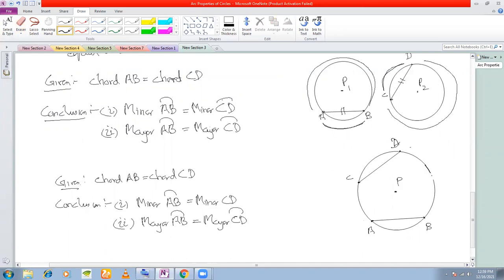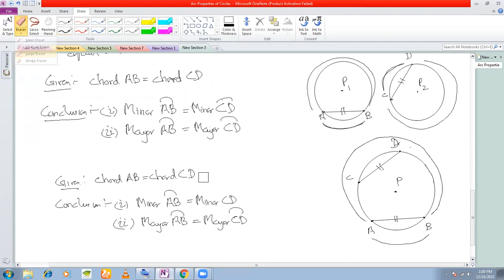Okay. If the chords AB and CD are equal, then what is the major arc? This is the minor arc CD, right? If you remove this, you are left with what arc? This entire arc, right?